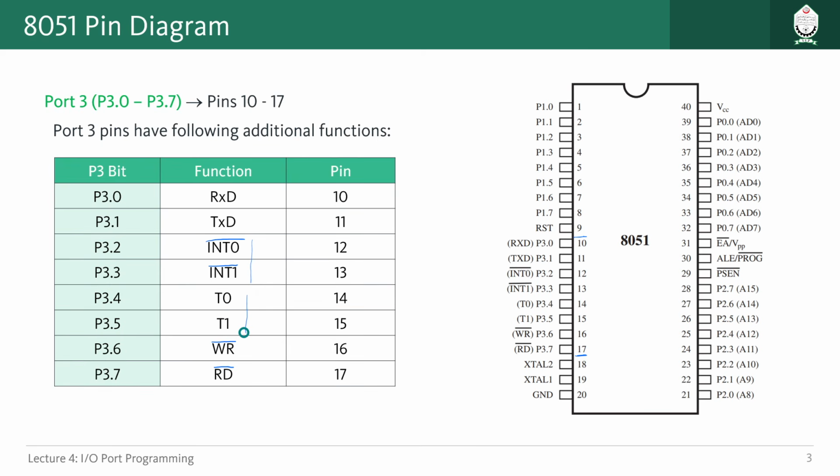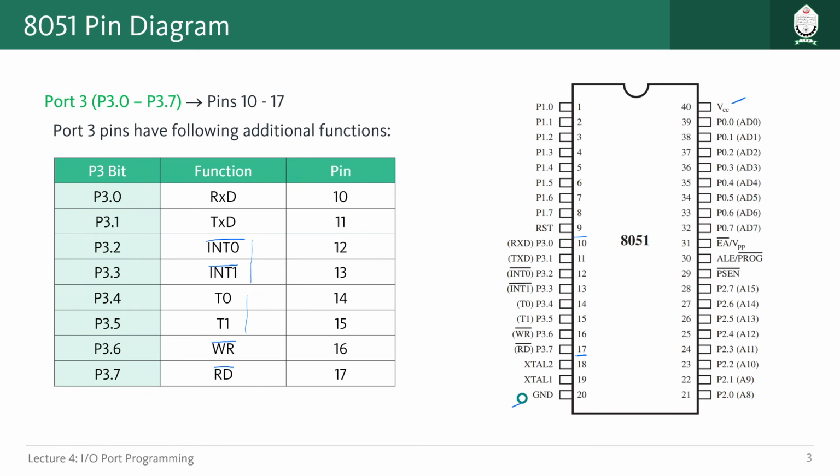Now we have talked about 32 of the total 40 pins of the 8051. Then we have some other pins, like VCC and ground. Obviously you know that we have to provide 5 volt and 0 volt to these two pins so that this IC can work, right?